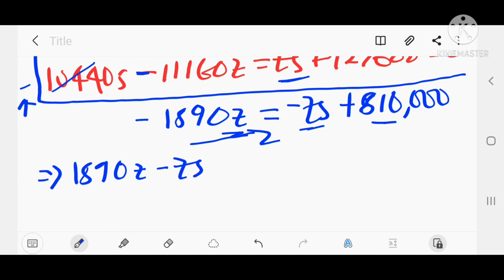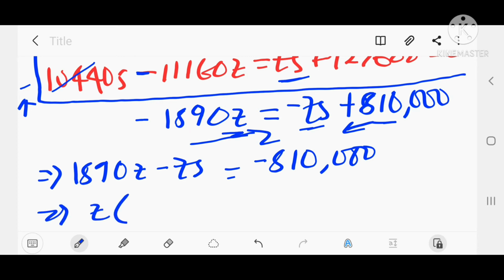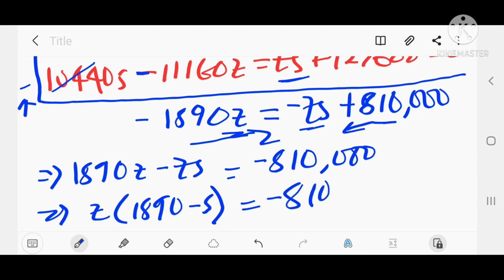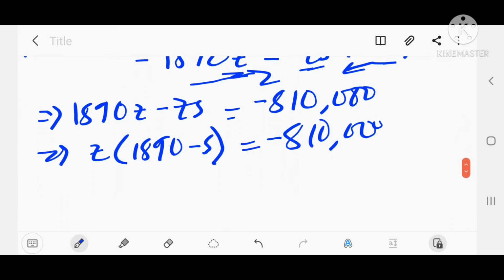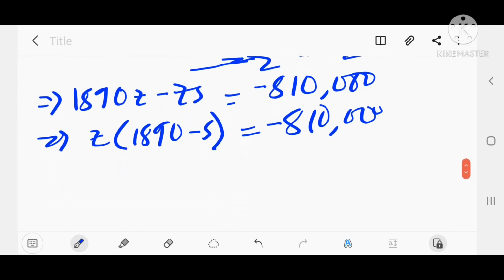Bringing this one to the other side, this equals minus 810,000. Factorizing the z, we have z bracket open 1890 minus s equals minus 810,000.